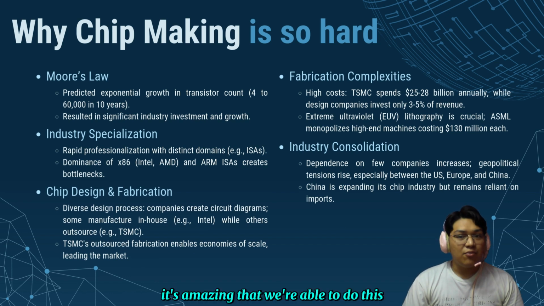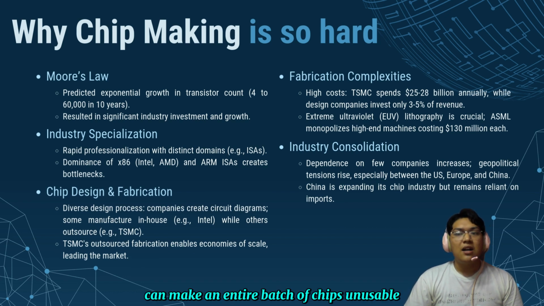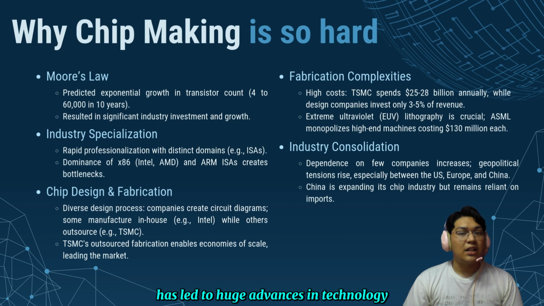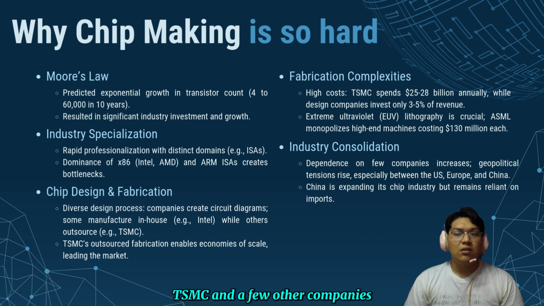It's amazing that we're able to do this because just one misstep can make an entire batch of chips unusable. This separation of design and manufacturing has led to huge advances in technology, but it's also created challenges. TSMC and a few other companies control much of the global chip supply.